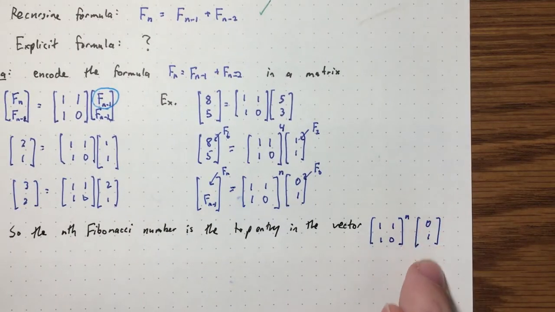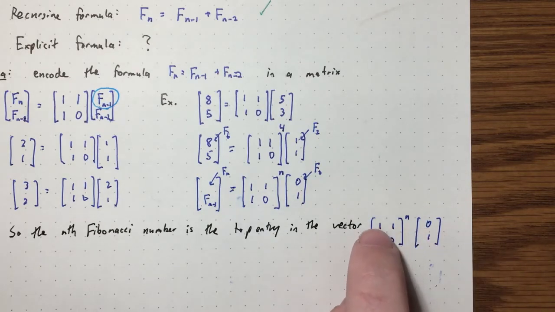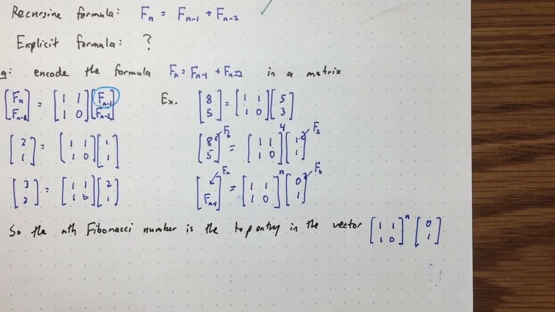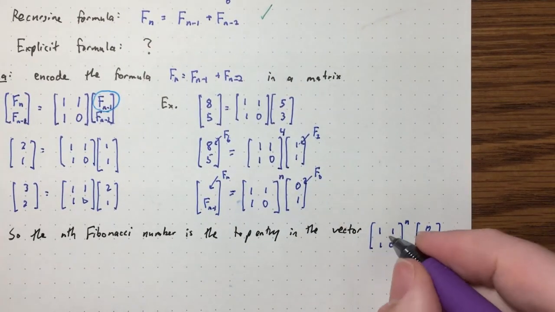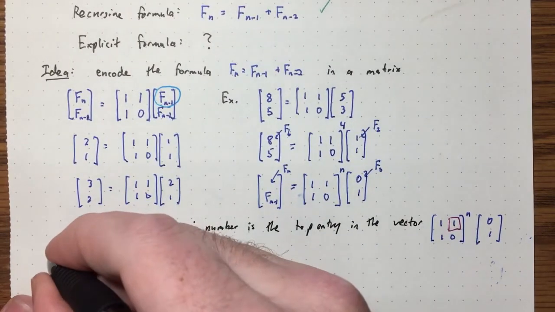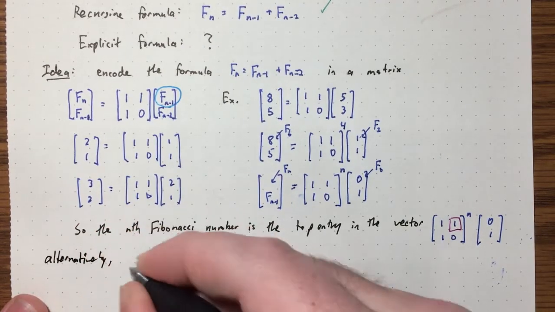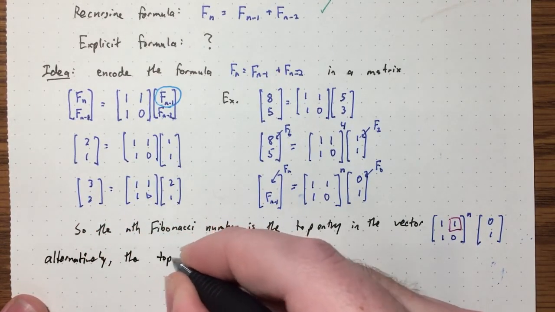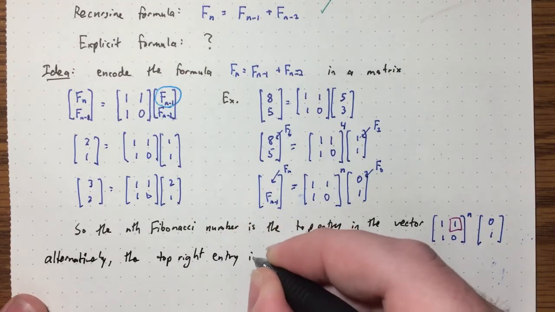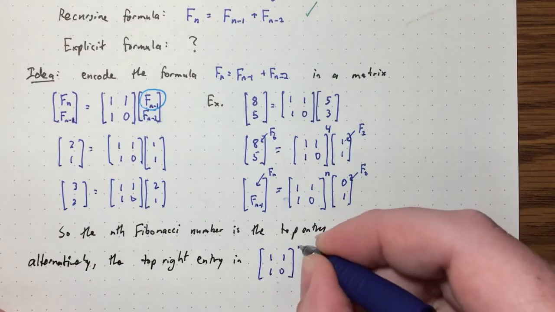Multiplying by 0, 1 and looking at the top entry, what's that going to be? It's just 0 times whatever this is, plus 1 times the top right entry in the matrix. So alternatively, it's just the top right entry in the matrix 1, 1, 1, 0 to the nth power.